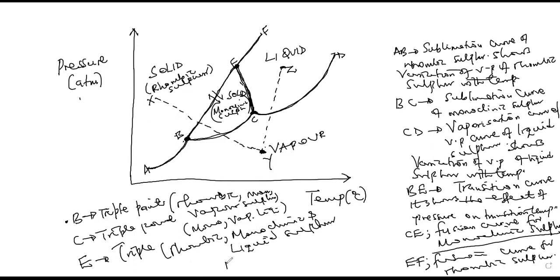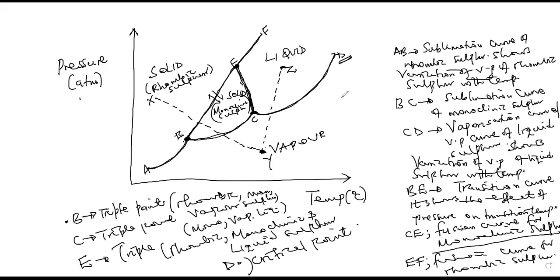Then our last point is point D, where point D is our critical point. The critical point, we defined as the very point beyond which liquefaction does not take place, however much pressure is exerted. So however much you increase pressure, beyond point D, we don't have any liquefaction of sulfur.